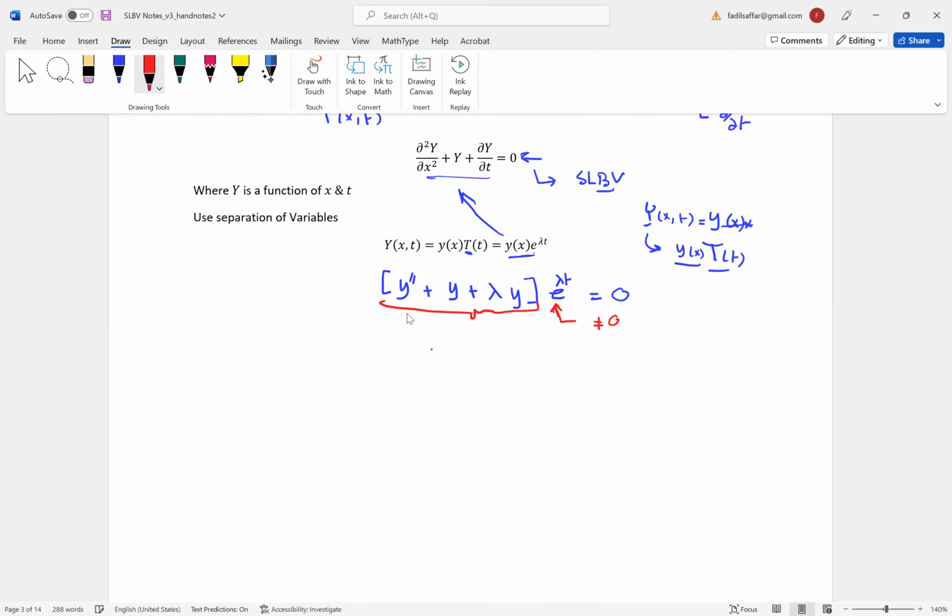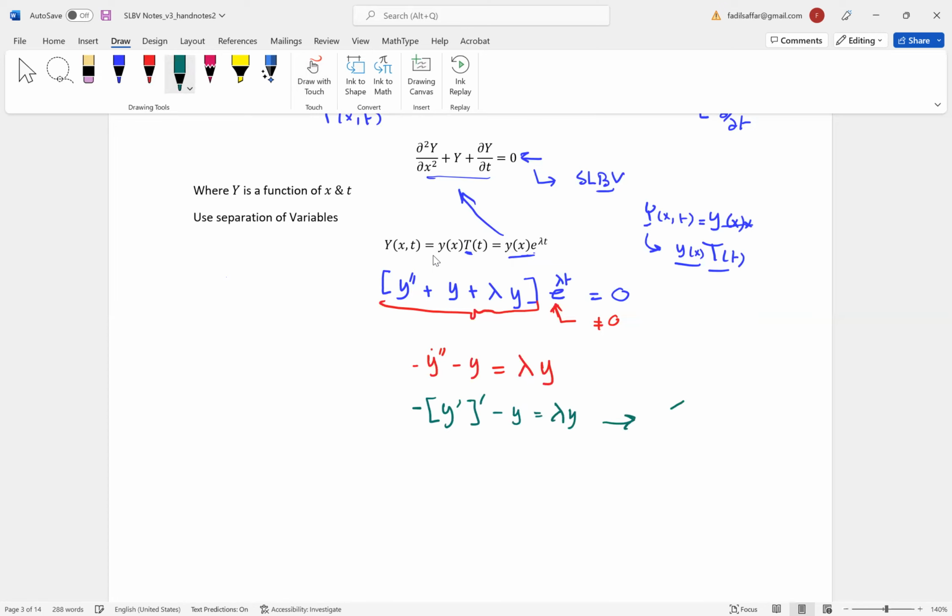and let me write it into this form, that we have negative y double prime minus y equal to lambda y. And now this part here we can rewrite as this here. So minus y equal to lambda y.